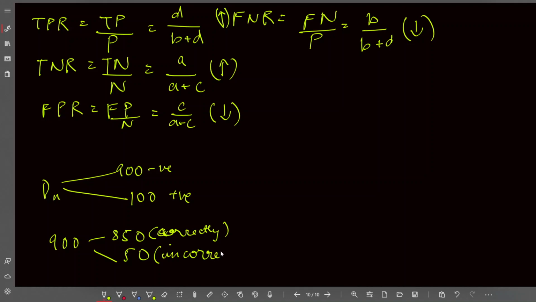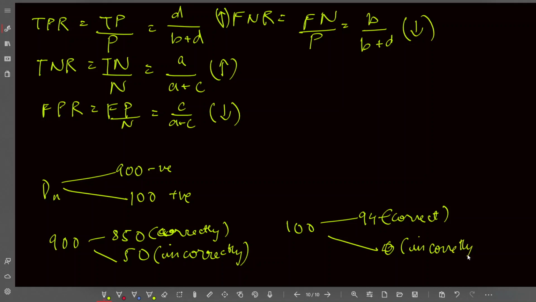Similarly, let's say I have 100 data points here, out of which 94 were classified correctly, and 6 were classified incorrectly.